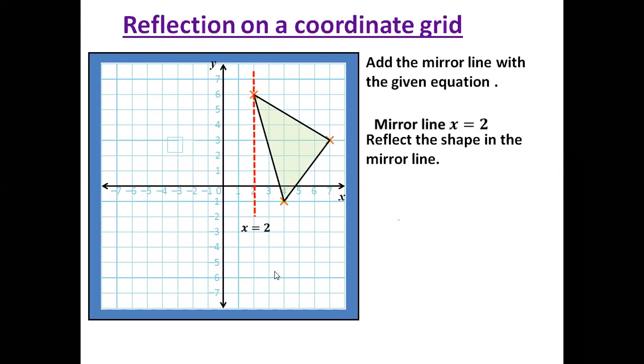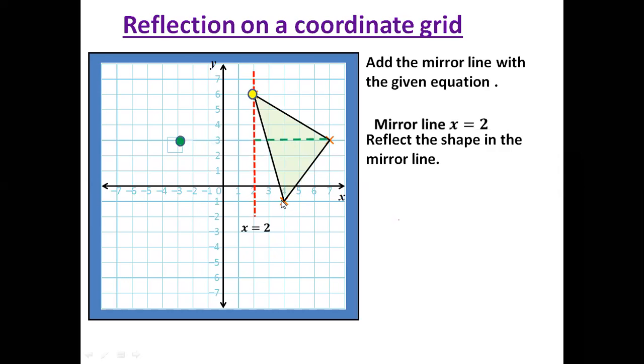Let's choose another point. This point, if you count the distance here, you will find it's 1, 2, 3, 4, 5 units away. So you count 1, 2, 3, 4, 5 units away to the other side and put the point, or an X, whatever you choose.